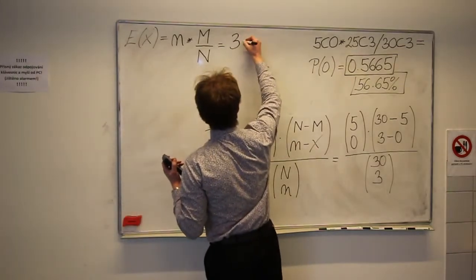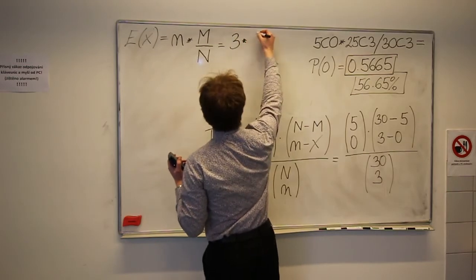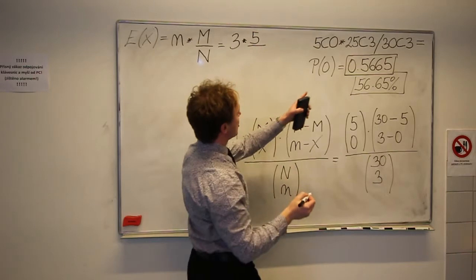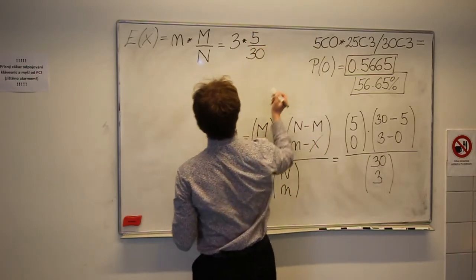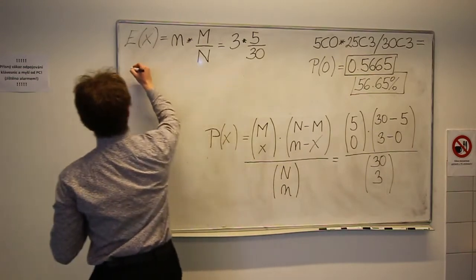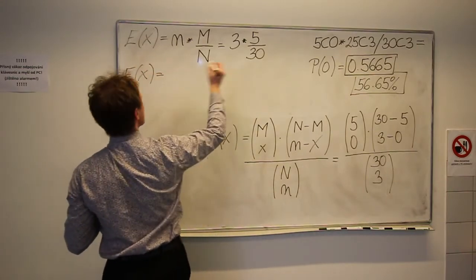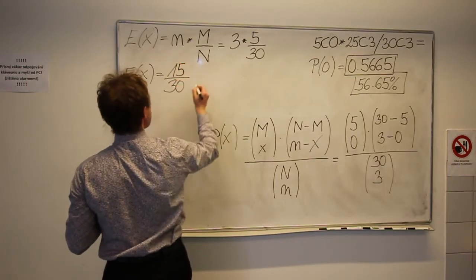So 3 times 5 divided by 30. Am I right? Yes, 30. Okay, so this expected value is equal to 15 divided by 30.